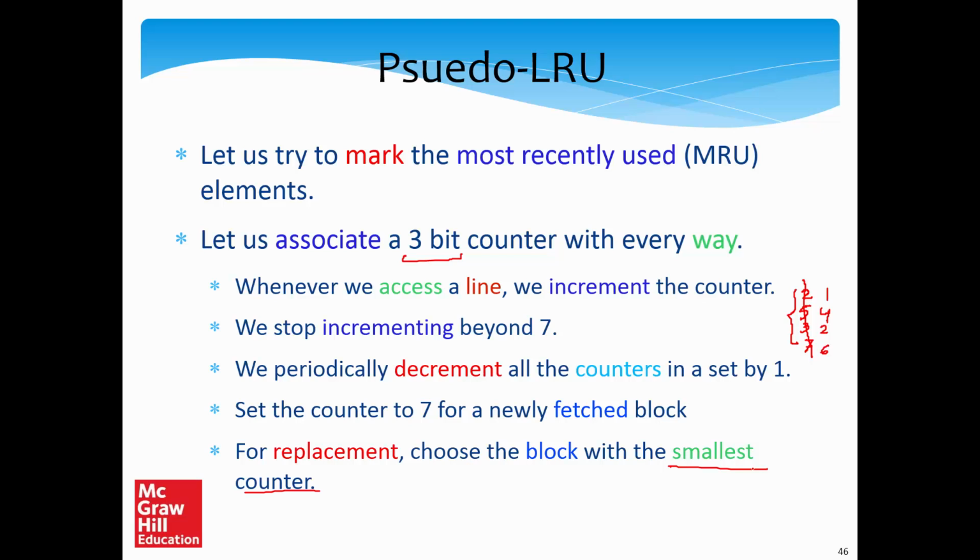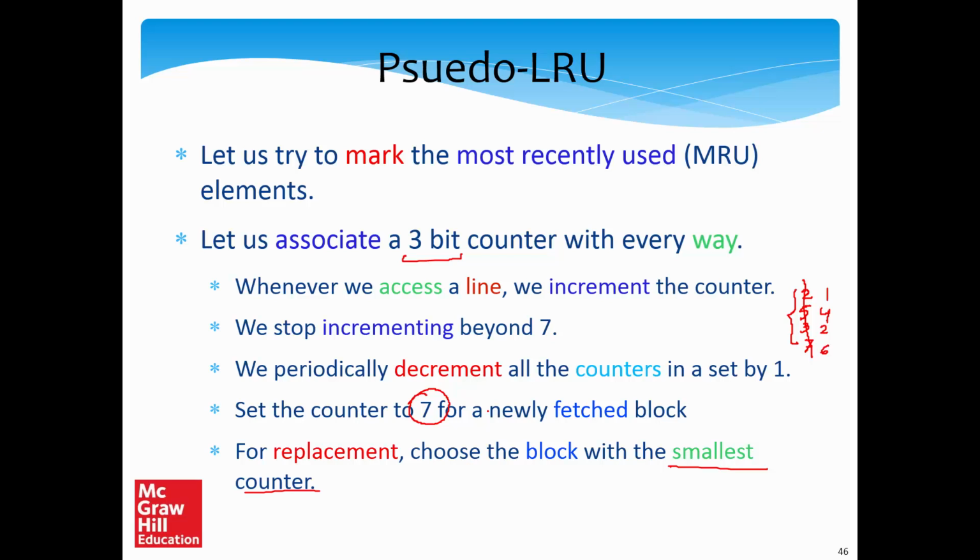But something that has been accessed quite a bit in the recent past, we will be accessing quite a bit in the near future. That's the reason we don't evict it. And also we set the counter to 7, which is the highest we can for 3 bits, for a newly fetched block. The reason is that if a block is coming in new, we want to keep it for some time, right? As per the definition of temporal locality.